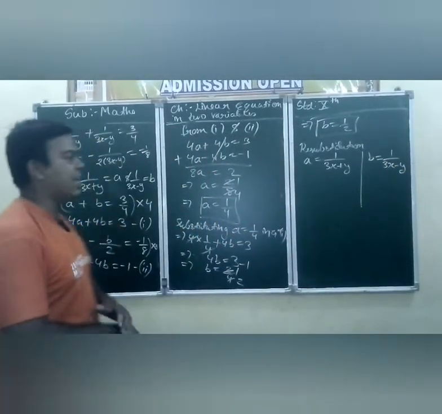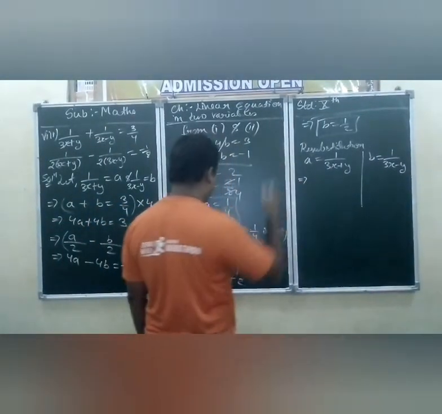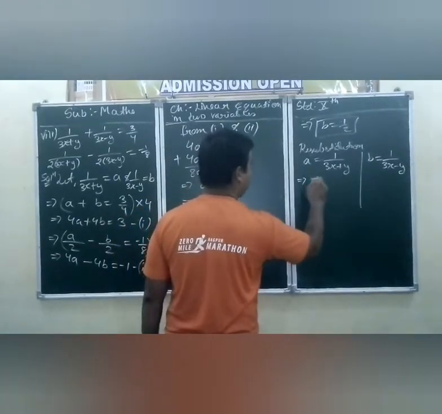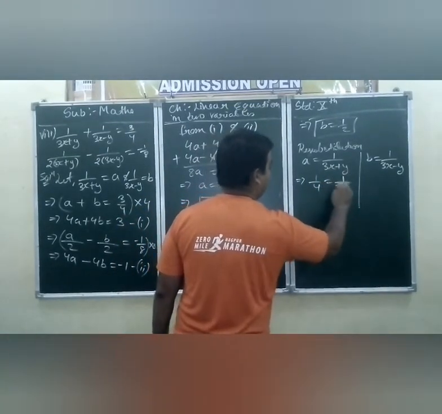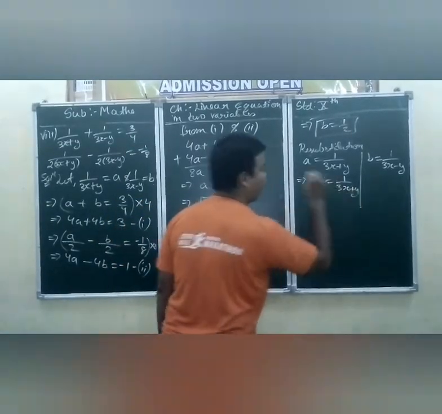The a value is 1 by 4, so 1 by 3x plus y equals 1 by 4.